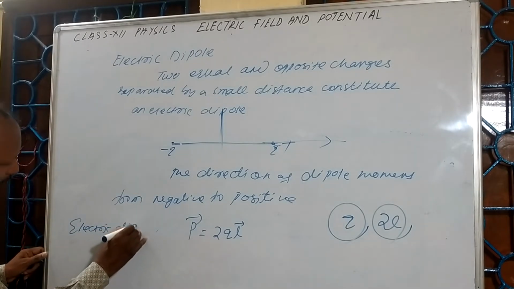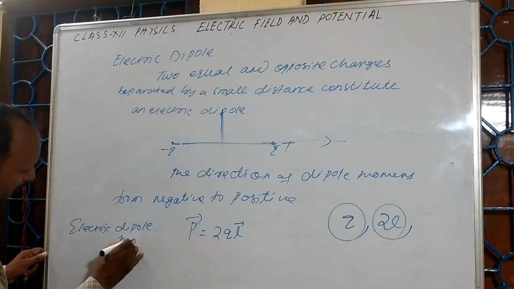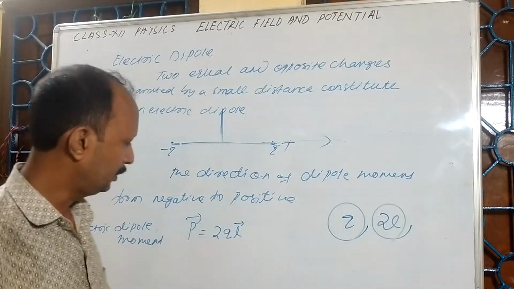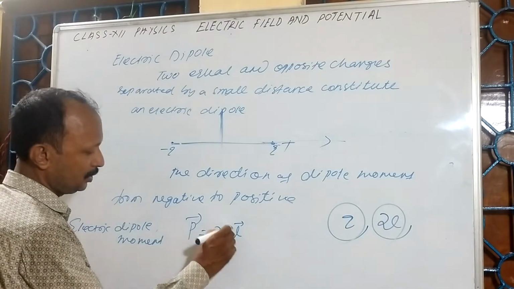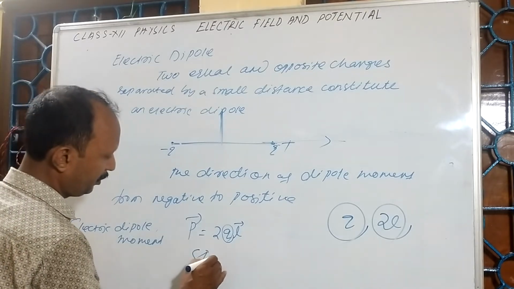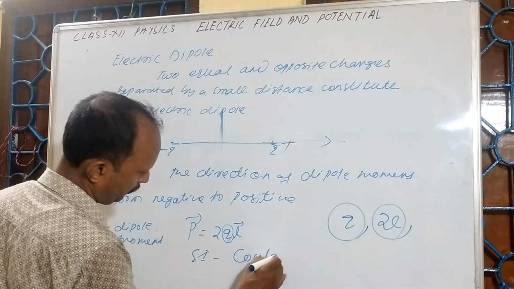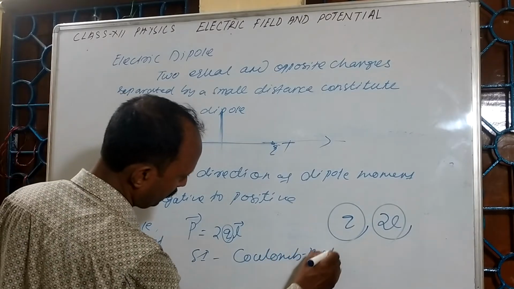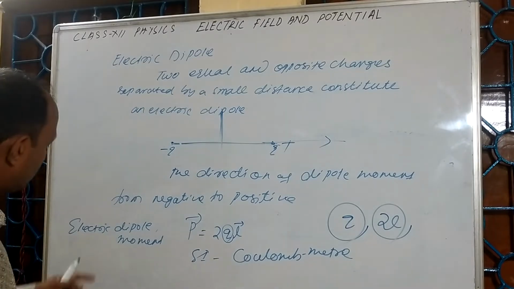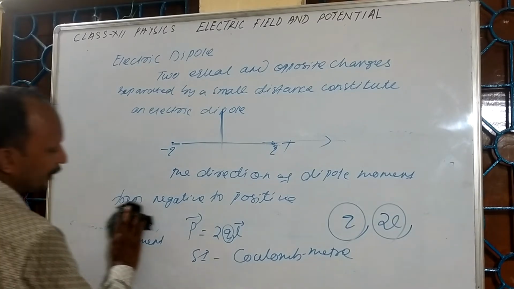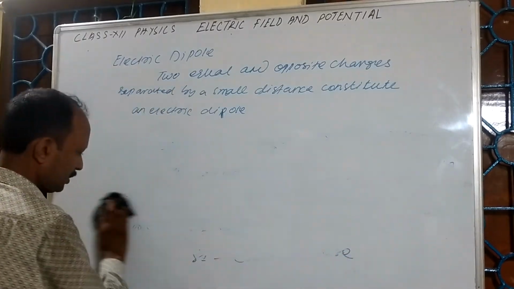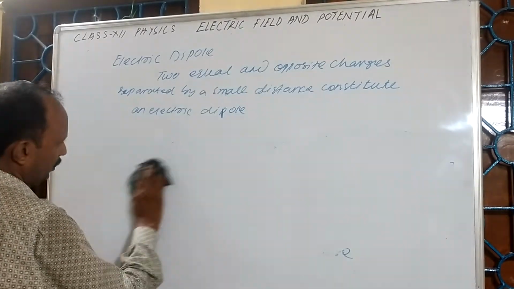What about its unit? The charge is coulomb, the length is meter, so its SI unit is coulomb meter.